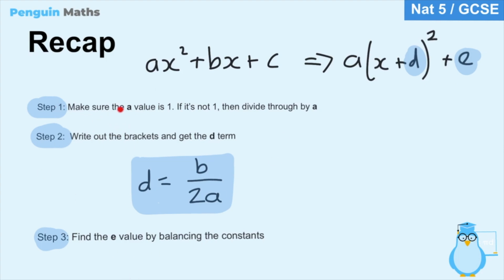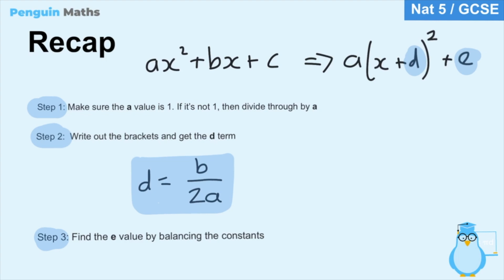And the way we put it in this form was by following these 3 steps. Step 1 was making sure that the a value, so this value here, was 1. If not, then we had to divide through by a so that we would have to factorise a certain part of it and have a outside of the brackets. Step 2 involved us figuring out the d term, and we said that could just be done by doing the equation d is equal to b divided by 2a, and that means we completed this part in here.